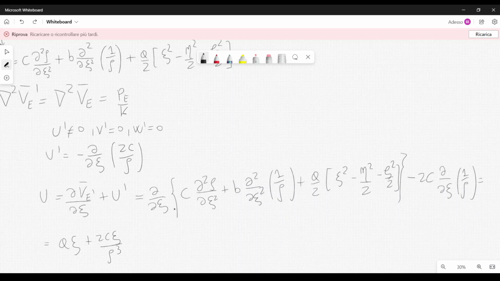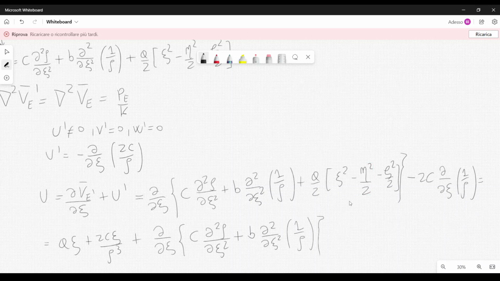And then we have plus d over d xi of c d squared rho d xi squared plus b d squared d xi squared 1 over rho.